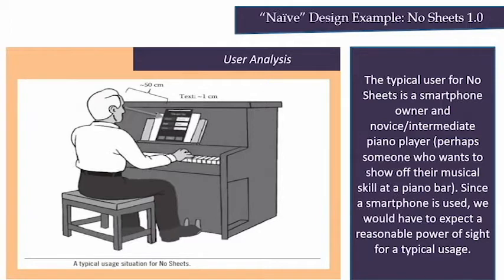So consider visual sensation because it depends on the user, the power of sight for typical usage. As you can see here, this is the point of view, and the visual acuity is usually around 50. So you have to consider those things, right?